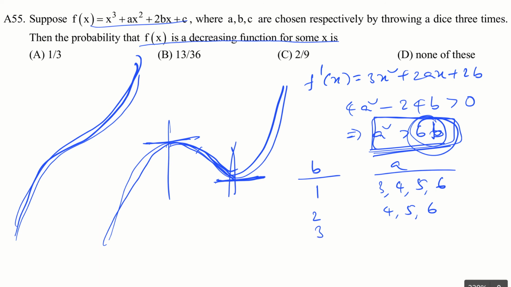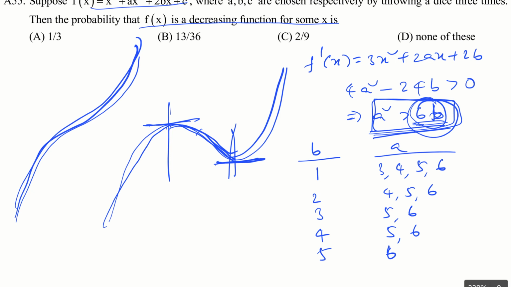If b is 3, this will be 18, in which case a can take the values either 5 or 6. If b takes 4, then this will be 24, in which case a can take again values either 5 or 6. If b is 5, then a can take only one value, 6, because we want strict inequality there. And if b is 6, then 6b will be 36, you cannot give any value to a, because you want strictly greater than 6b.